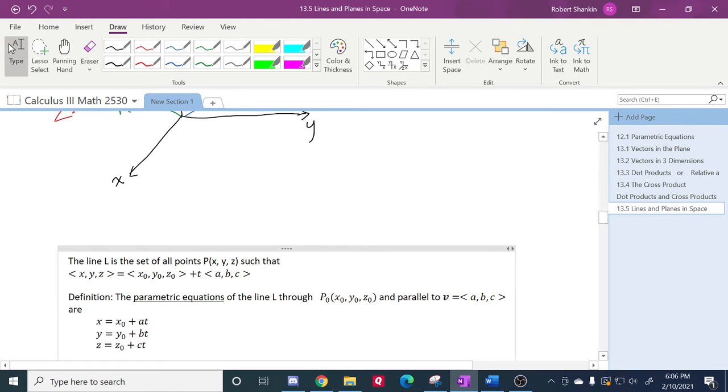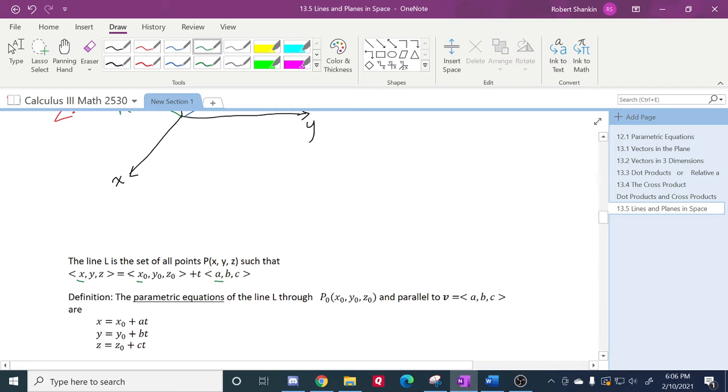So all the points x, y, z that satisfy P0 plus tV make up the line. Now this is equivalent to the parametric equations of the line. All it is saying is that we look at the x-coordinate and make an equation for that.